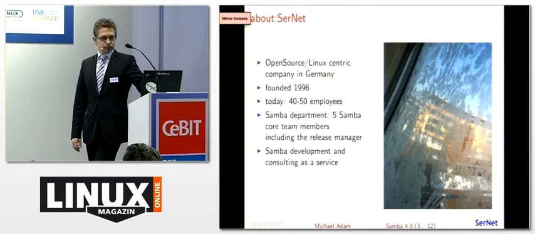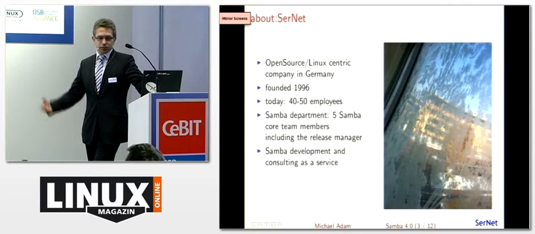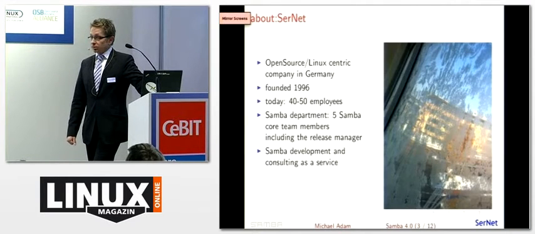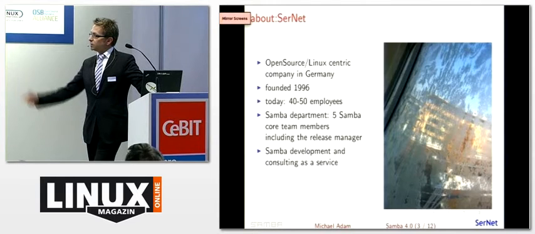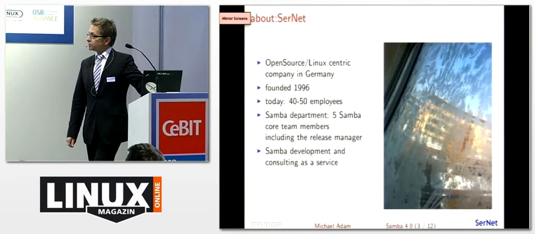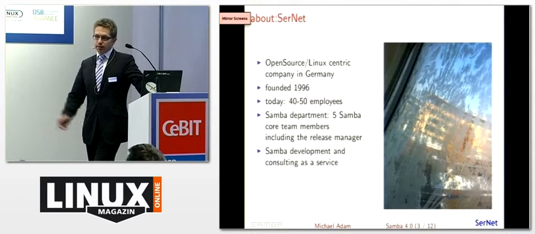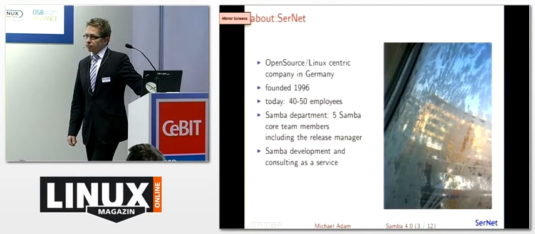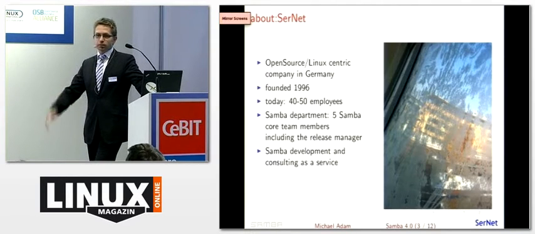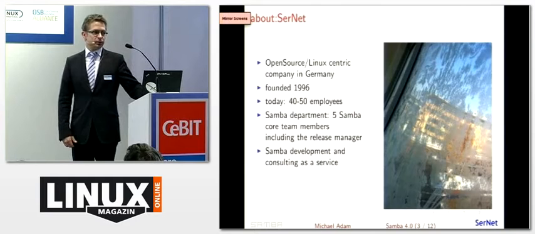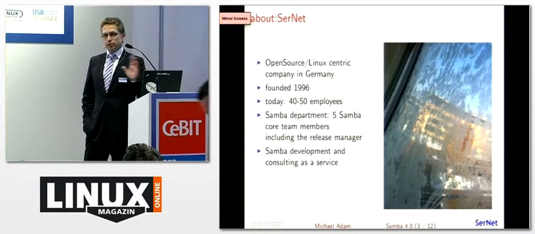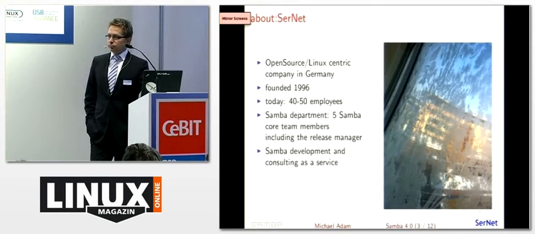We are doing development and consulting as a service for our customers that use Samba on a professional basis. And since we have 5 Samba core team developers under contract, we can offer everything from simple support in configuration and troubleshooting up to bug fixing and feature development in Samba with a direct connection to upstream development. So usually the work we are doing is going directly into the next upstream releases.